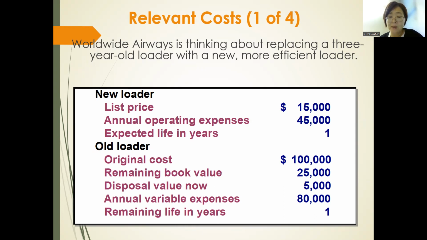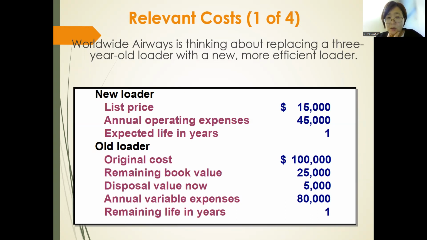For example, you may just sell it for cash, 5,000 value. But the operating cost, the annual variable expenses related to operating the equipment, such as the labor involved and other operational expenses, is high, so it's 80,000 per year.